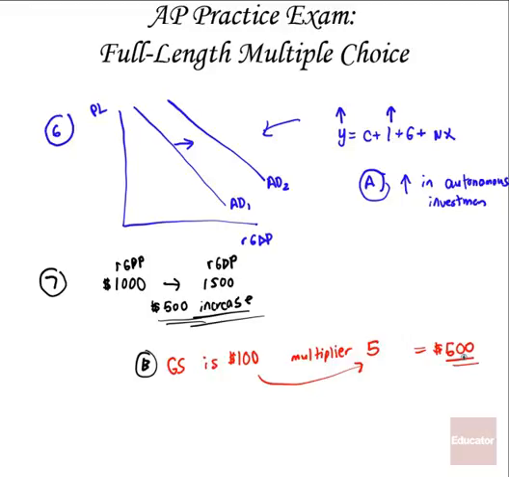C, you have government spending and consumption spending. You don't know what the multiplier is. Government spending and gross domestic product increased by 500. That's not going to do it. And E doesn't work as well. So knowing that the multiplier is 5 and government spending is 100, that's going to yield the correct answer.